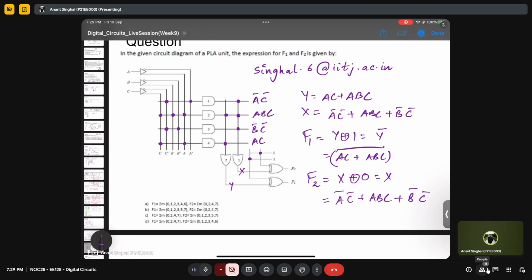Oh, actually I can see that we can take common of AC here, AC bar. So this will be, I think, AC bar, right? So F1 will be AC bar, and then F2 will be this long term.